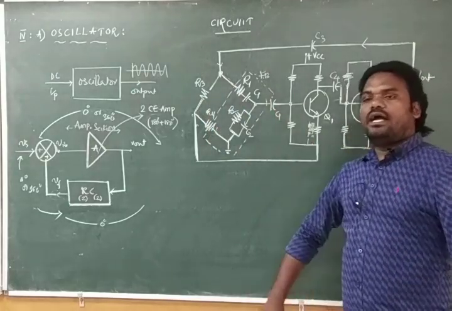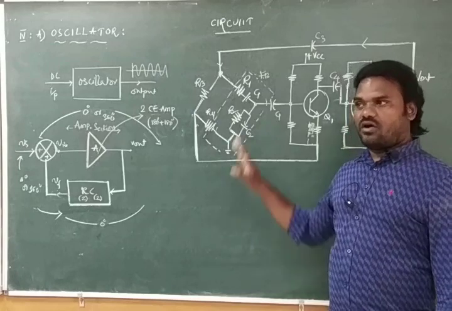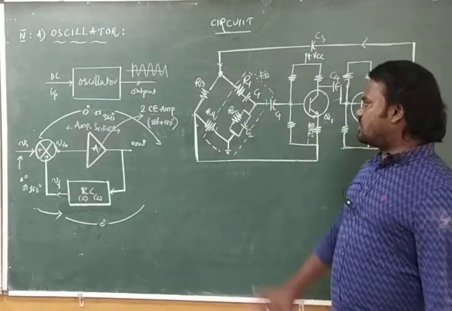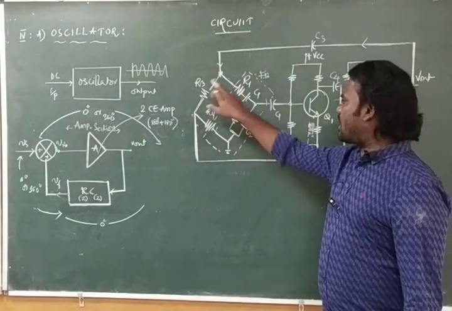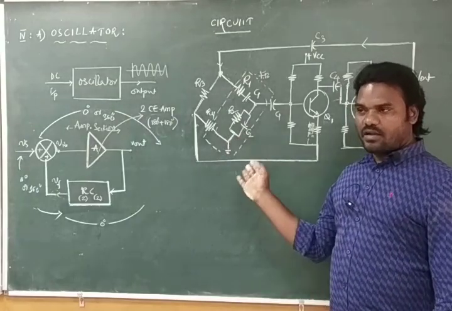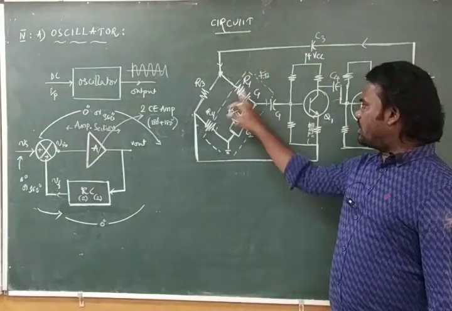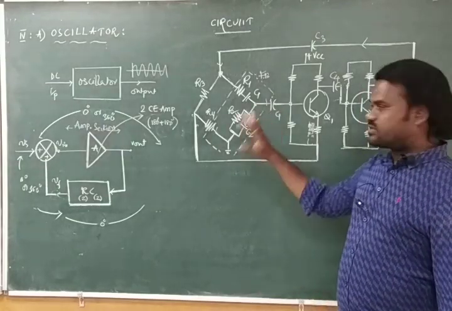Just now I told you that the Wien bridge oscillator is an RC type of oscillator, so the complete feedback network is designed with R and C components only, no other component found here, because this completely comes under the RC oscillators.